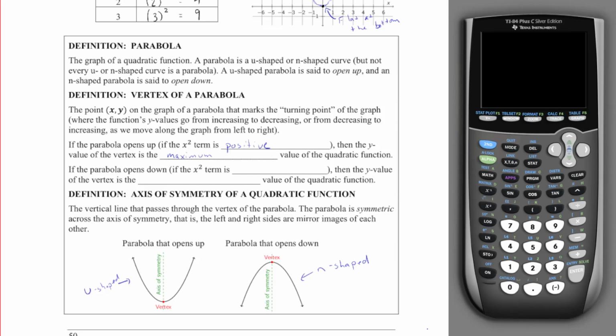If the parabola opens down, which happens when that x squared term is negative, no, I misspoke. If the parabola opens up, then the vertex is at the bottom, and so the y value is the minimum value of the function. If the parabola opens down, so the x squared term is negative, then the y value of the vertex is the maximum.